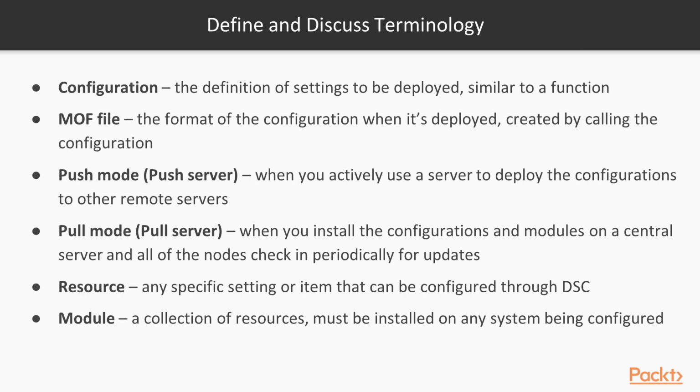So if we find a third-party module or even an extra module from Microsoft for working with SQL Server or SharePoint or anything like that, we will download that module and we'll need to have that module installed on the system. That's a little preview here. The pull mode makes that so easy because it will be one place where we can put those modules, and then when they're needed, the systems will pull it down automatically.